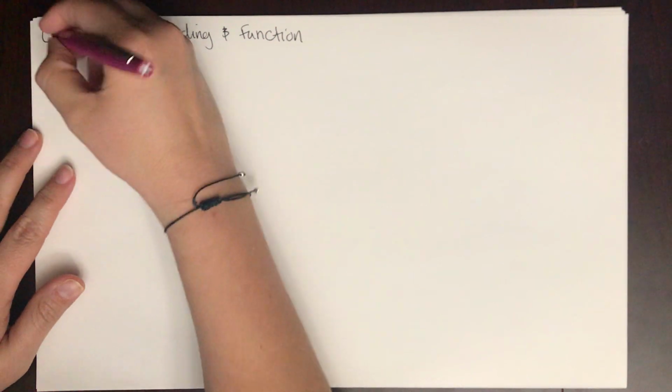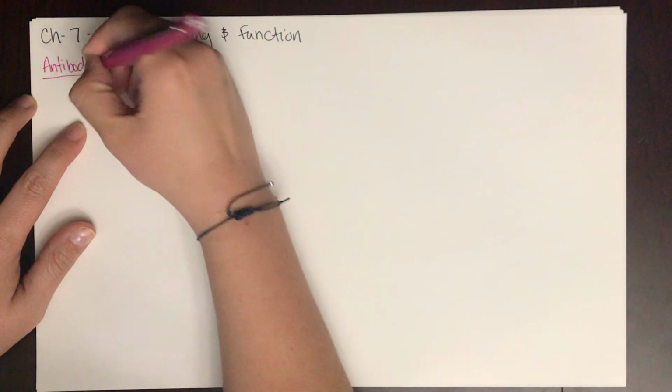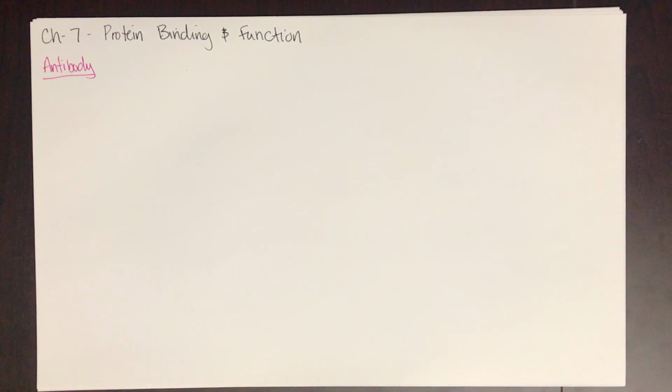So the first type of protein binding that we're going to talk about is in antibodies. So let's talk about what an antibody is. An antibody is made by our immune system, and it binds what's called an antigen.